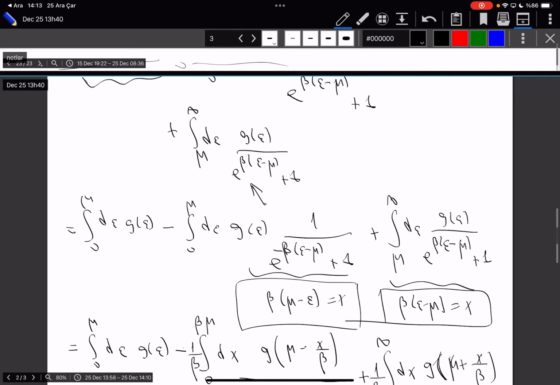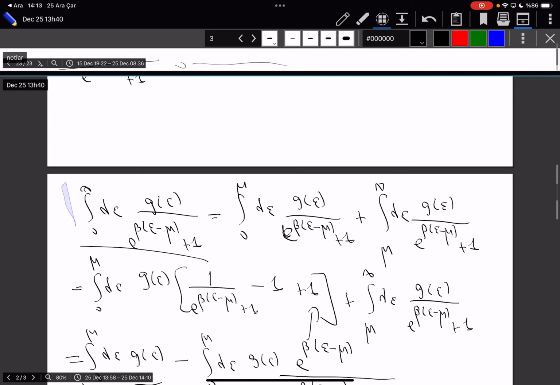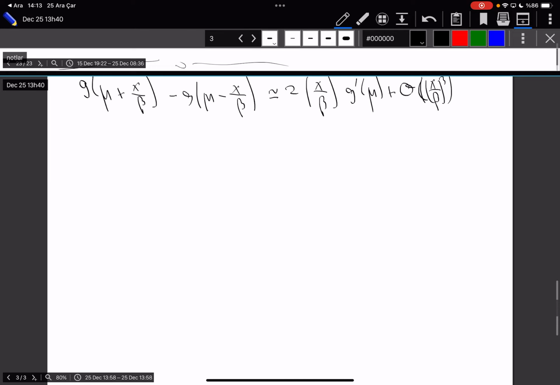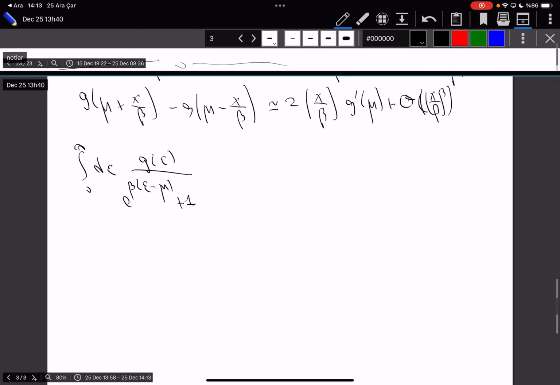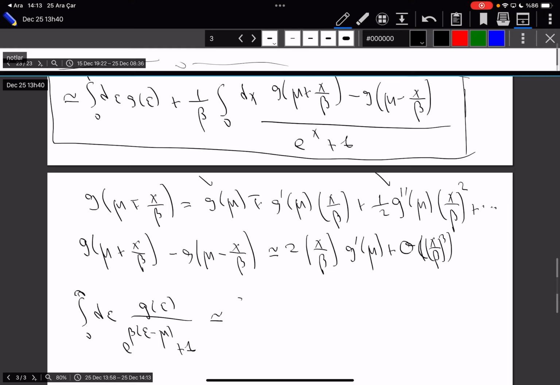So this gives me, let's see, we started from this integral over here. We had seen that this is approximately equal to the integral from 0 to mu of d epsilon g of epsilon. That is our first term.